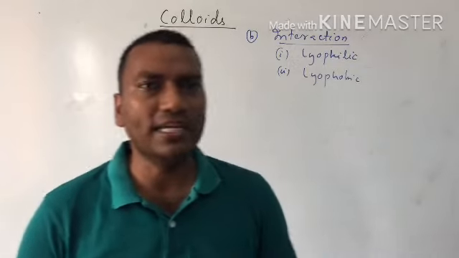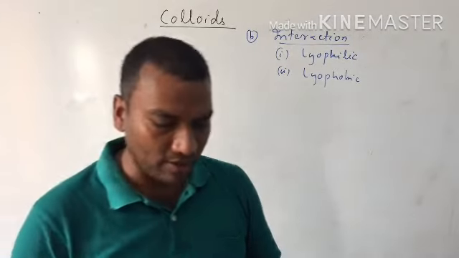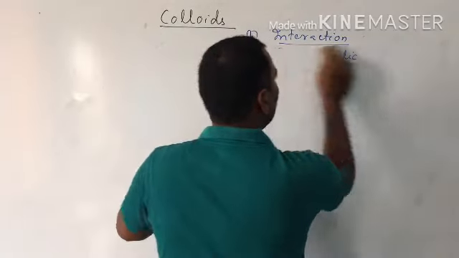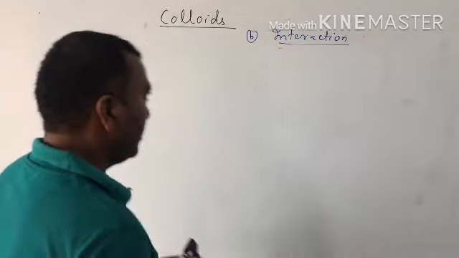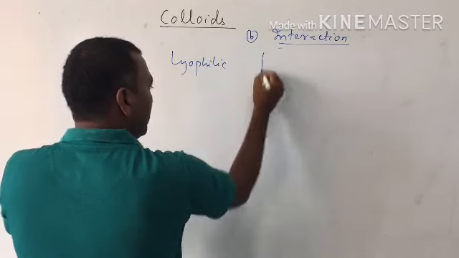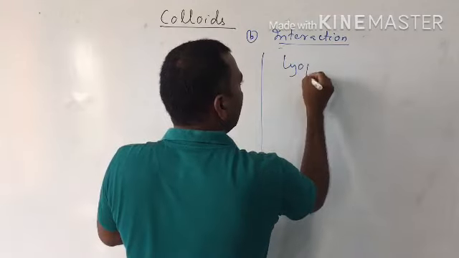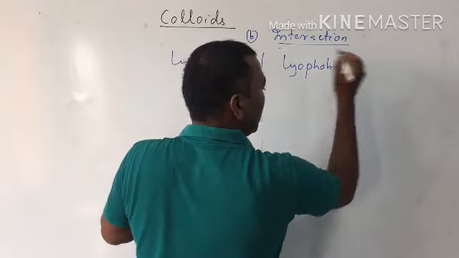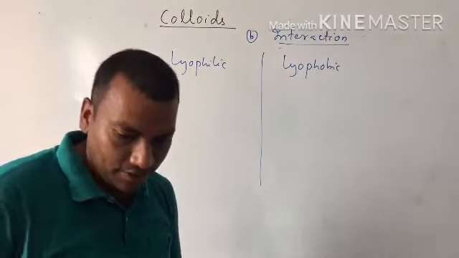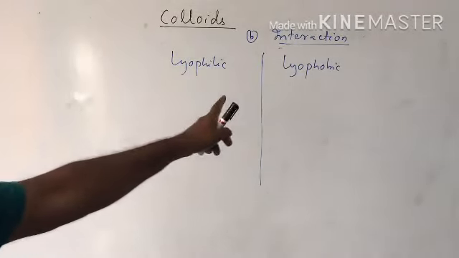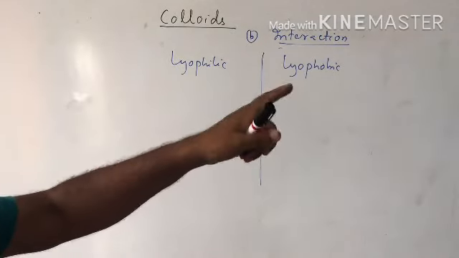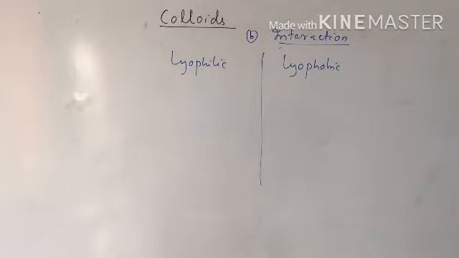Understood? So how can we remember the difference between lyophilic colloid and lyophobic colloid? Lyophilic colloid can be prepared easily by shaking or warming, whereas lyophobic colloid cannot be prepared easily.